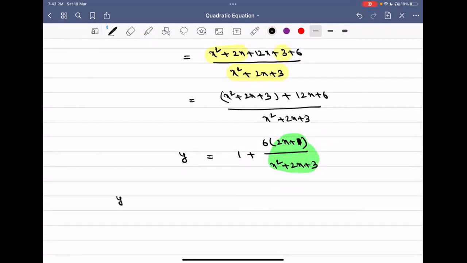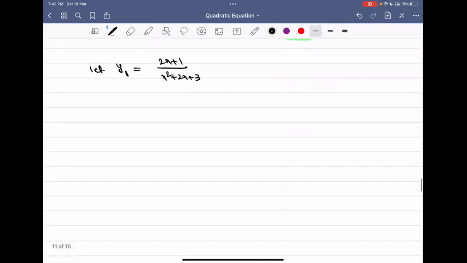Let y1 be equal to 2x plus 1 over x square plus 2x plus 3. Now our job is to find the maximum and minimum values of this expression. So how to find the maximum and minimum value of this rational expression? Cross multiply.